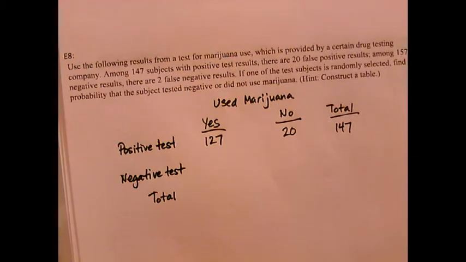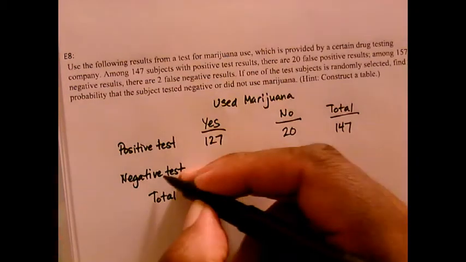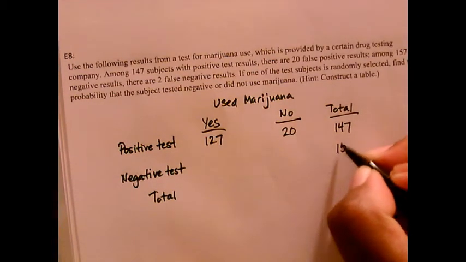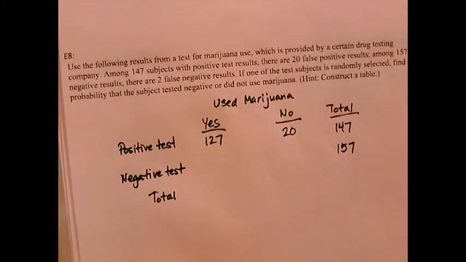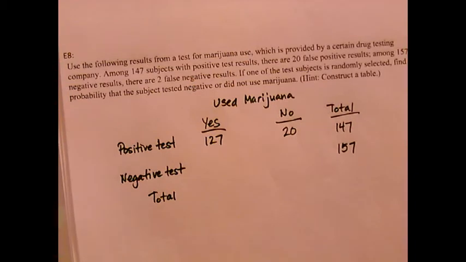Now, among 157 negative results, so under negative test, we have 157 here. There are 2 false negative results. Now, what do we mean by false negative results? You want to be very careful where you put the 2. 2 false negative results means that the test came back negative, but they used marijuana.